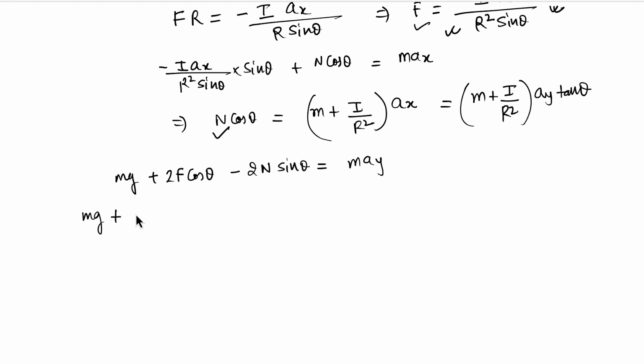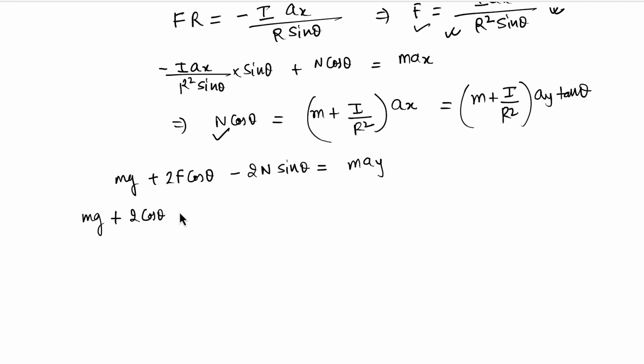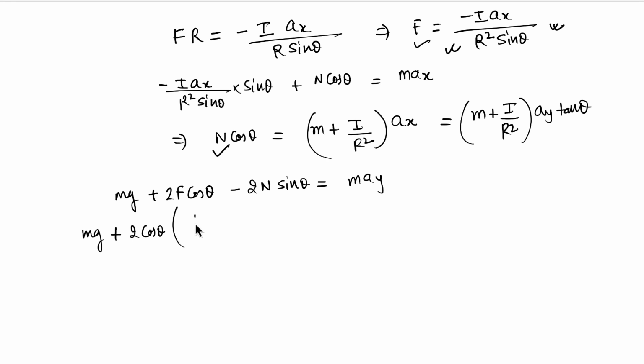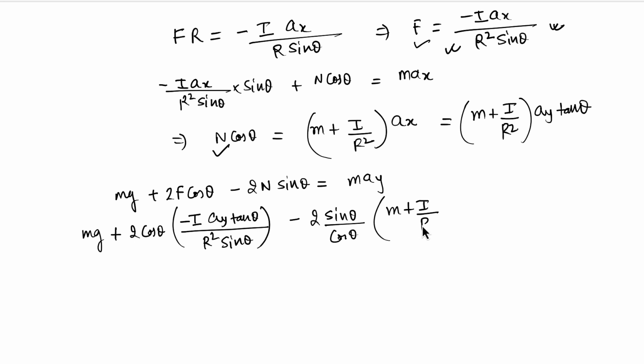So mg plus 2 cos theta, and f is nothing but minus I ay tan theta by r square sine theta, because I just replaced ax with ay tan theta, minus 2 sine theta by cos theta m plus I by r square ay tan theta, equal to may.